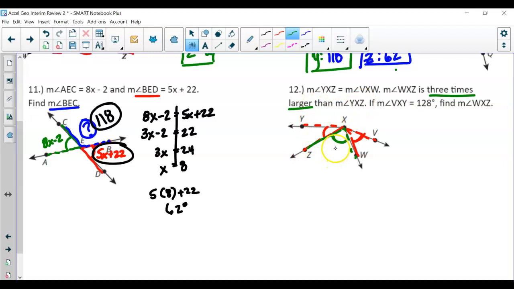So that means that this is 3 times as large. So if we don't know what it is, then we can put x. Then here, I've got VXY. The entire angle here is 128 degrees. We are solving for, sorry, not the angle, that was a typo. We are going to find just the value of x here.